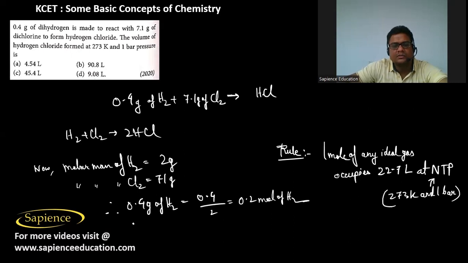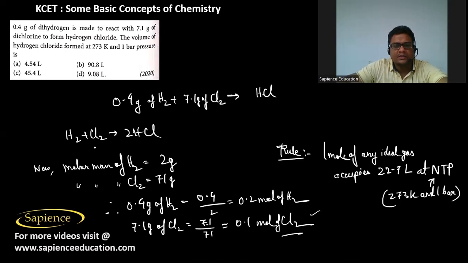Similarly, 7.1 gram of chlorine means we have 7.1 by 71, that is 0.1 mole of Cl2. So chlorine is the limiting reagent. We have 0.1 mole of chlorine and 0.2 moles of hydrogen, so 0.1 mole will remain unreacted and 0.1 mole will react to form 0.2 moles of HCl.